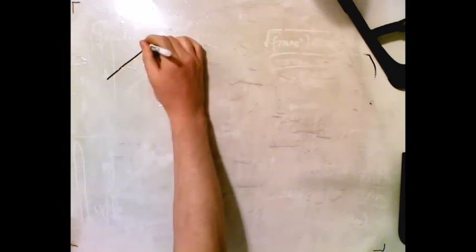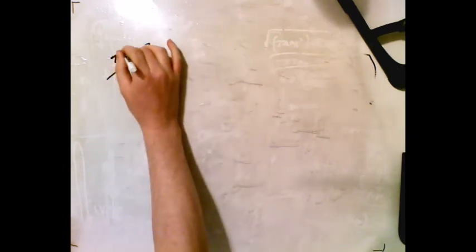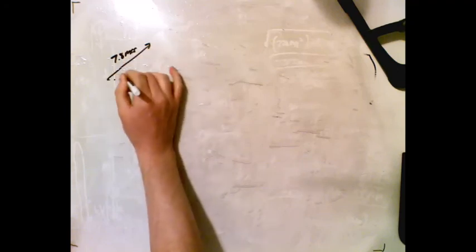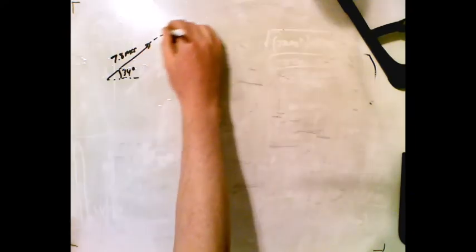Okay, so we can draw out a nice little picture of what's going on here. So we have a rock thrown at 7.8 meters per second at an angle of 34 degrees relative to the horizontal. So it's going to fly up like that.